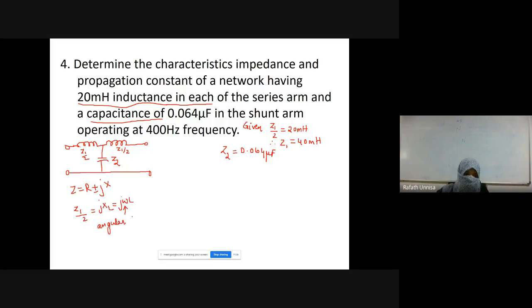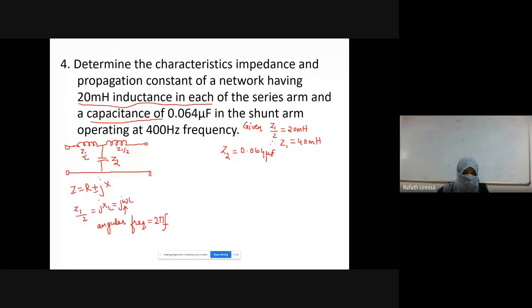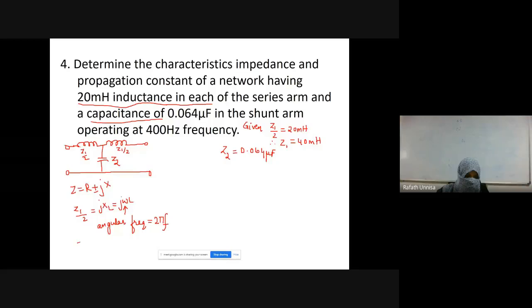Angular frequency is given as omega equals 2 pi f. So here you will find that the frequency is going to be helpful for us. For 400 hertz, the f value is given. Angular frequency is represented with the notation omega. Next value given is Z2.